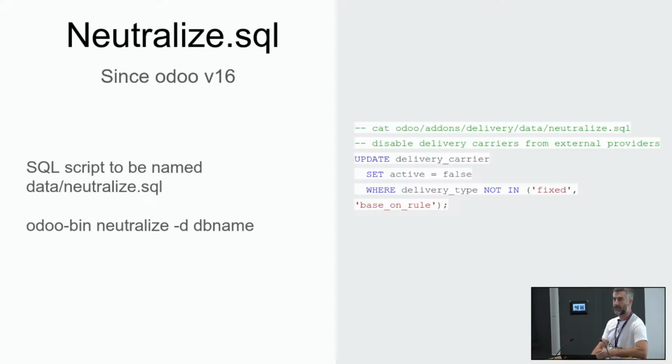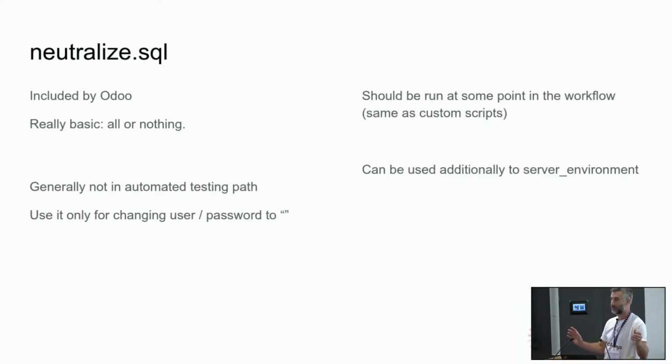It's not as powerful as server environment, but it can save you from things. And you can use both solutions, neutralize and server environment. So it's really basic, all or nothing, but it's included inside Odoo. So it's the standard, let's say.